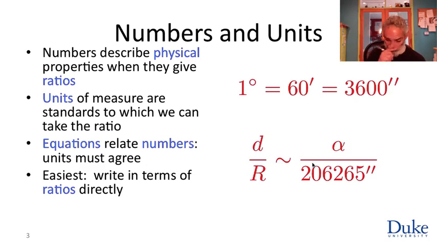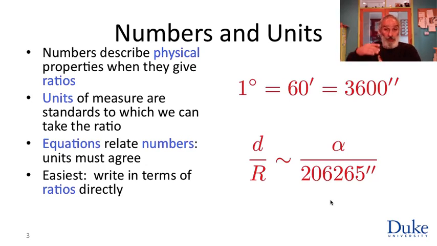Write it this way. This way, we see that on the left-hand side, we're writing the ratio of d over r, d to r. That's the ratio of two distances. That is actually a meaningful number. So that is the ratio of d in meters to r in meters, or d in light years to r in light years. And as long as we use the same units to measure d and r, it's true whatever units we use. Likewise, the right-hand side is the ratio of two angles, the angle alpha and the angle 206,265 arc seconds.